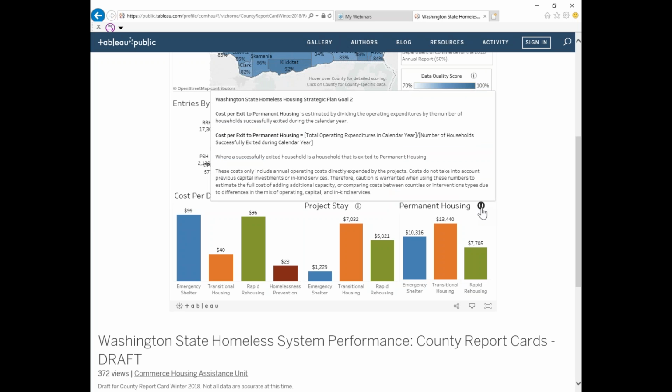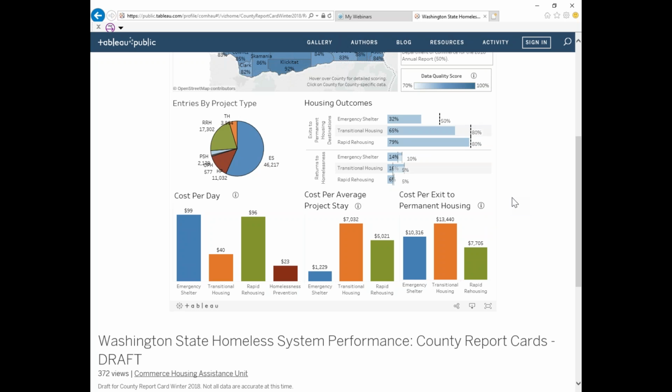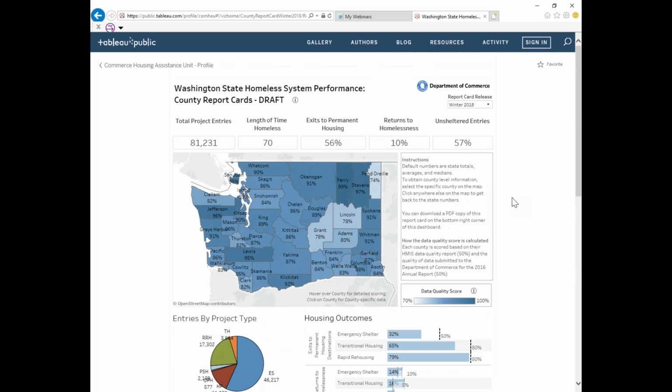So like cost per exit to permanent housing, you're using the total operating expenditures in the calendar year, and you're looking at the number of households exited during the calendar year. So it's using the same reporting period for those measures. Good question. Any other questions? That is it for the time being.